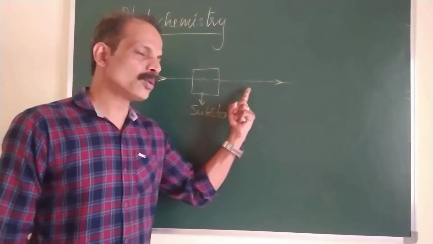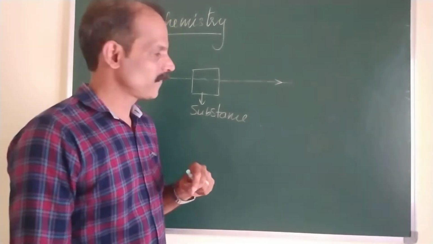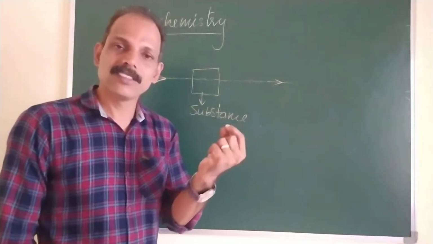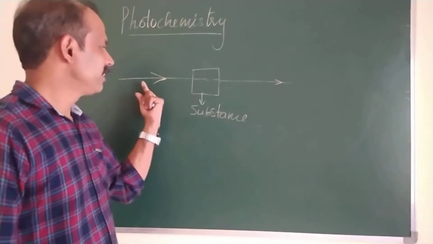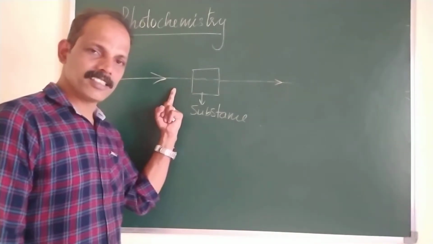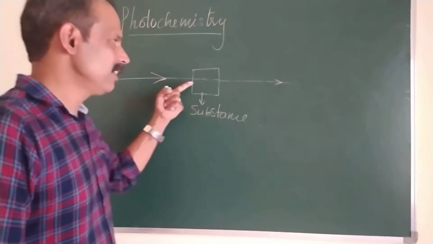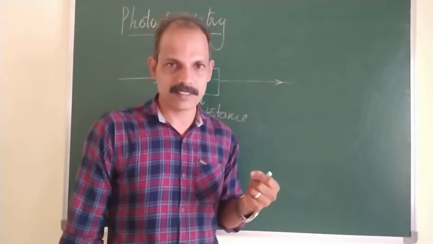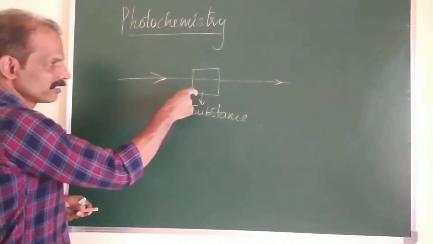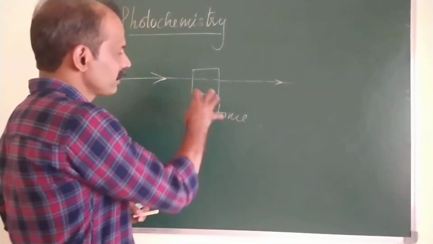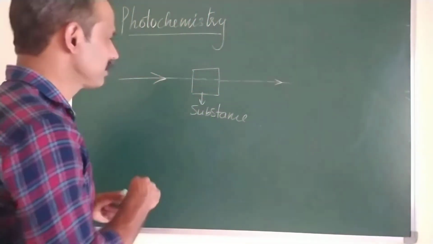When the radiation passes through an absorbing substance, it may undergo some chemical changes, or that radiation may cause the rotation of the molecule, or the intensity of the radiation may decrease. So many things will happen when a radiation passes through an absorbing substance. One of the important rules governing the decreasing intensity of radiation is the Beer-Lambert law.